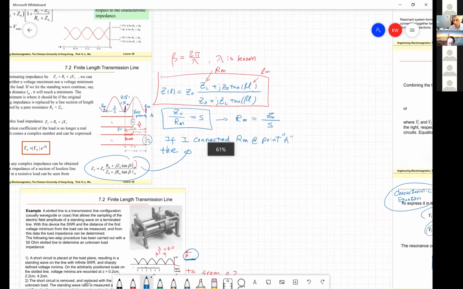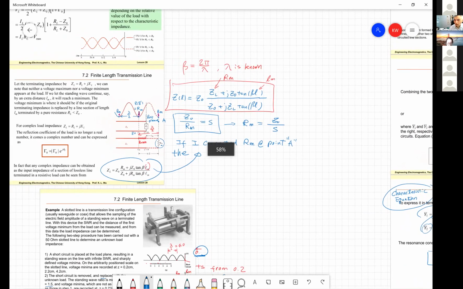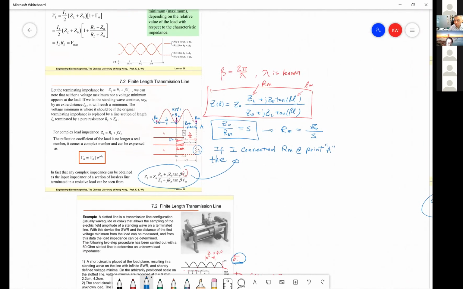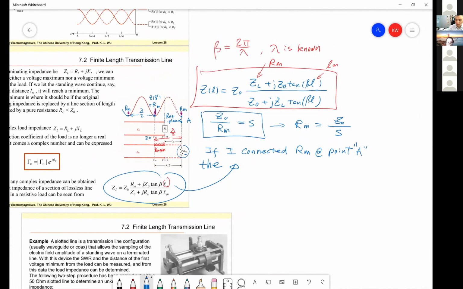Okay, I think the question is, I mentioned I shift the reference plane toward the left, but not toward the left, it's toward the source.